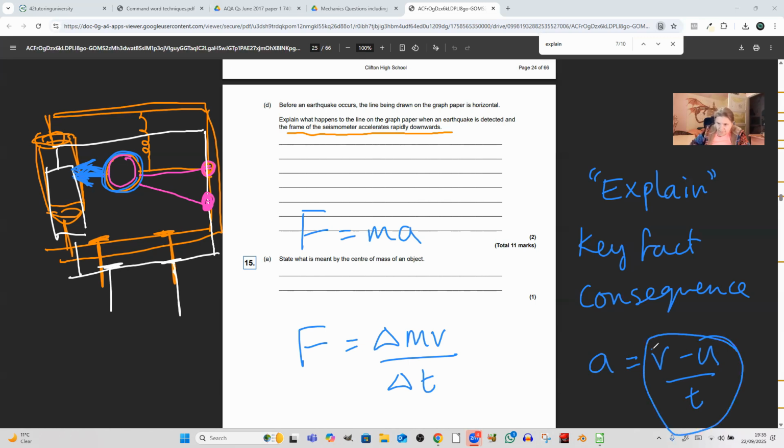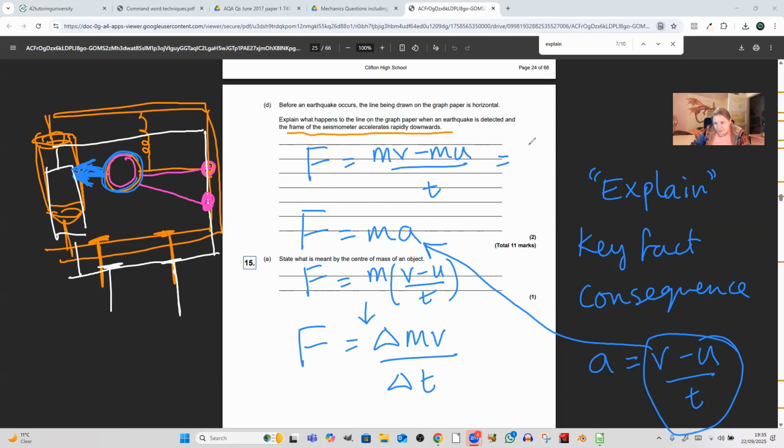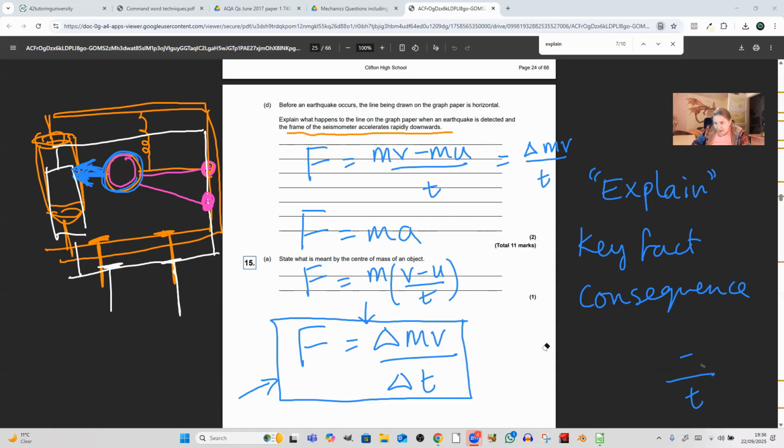If you put that in there, you get F is equal to m(v minus u) over t, which becomes F is equal to mv minus mu over t, and that top bit is your change in momentum over time, okay, which is this one. So this one is basically a statement of Newton's second law, which is F equals ma.